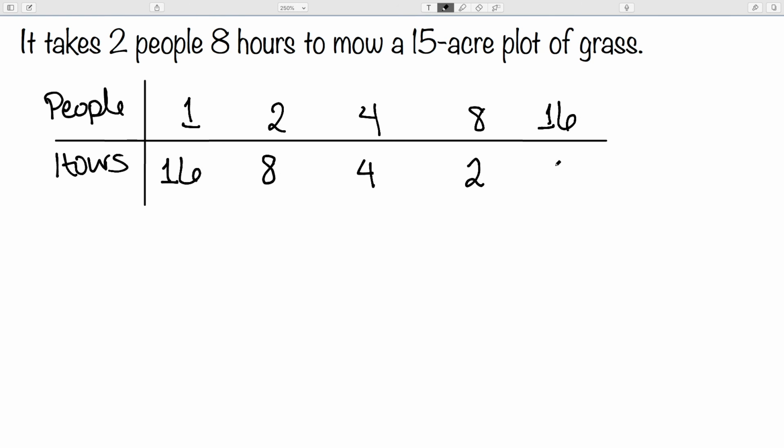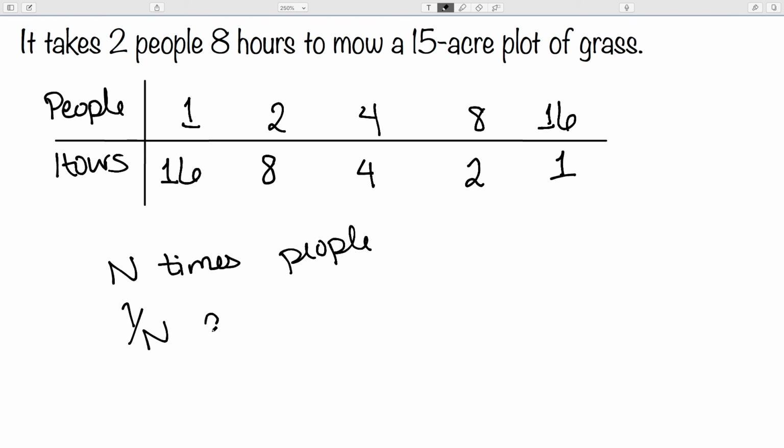And then we can reduce it again and again. So this time, n times as many people result in 1 over n as long. So this is actually inversely proportional since it does not follow that constant varying rate. Instead, n times the people gives us 1 over n as long.